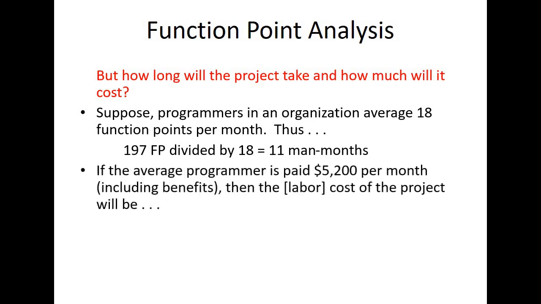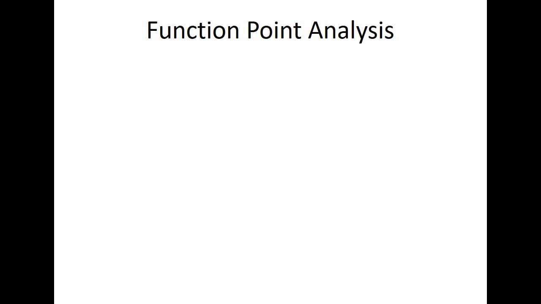If the average programmer is paid, let's say, $5,200 per month, which includes all sorts of benefits and other extra costs, then the labor cost of the project will be 11 man-months into $5,200 per month. So $57,200 will be the estimation, right?